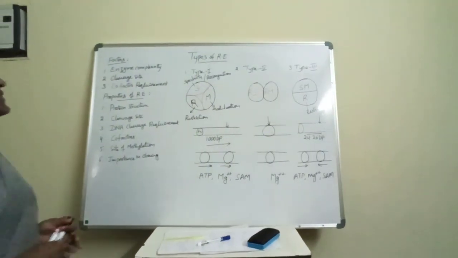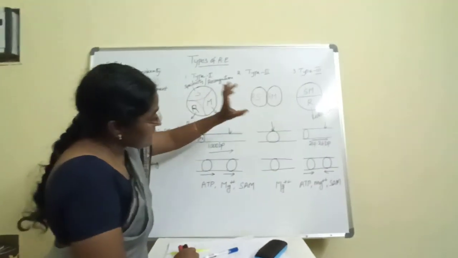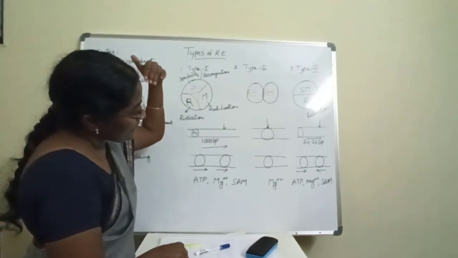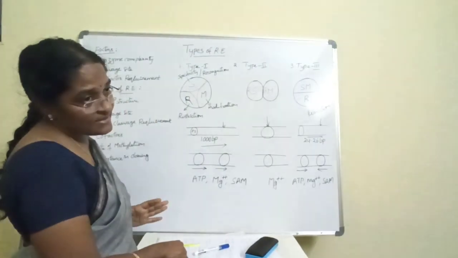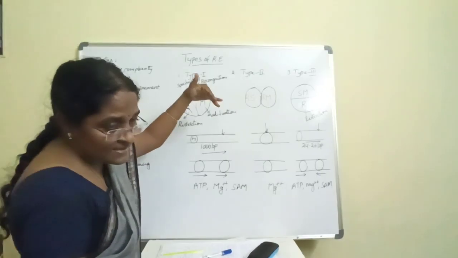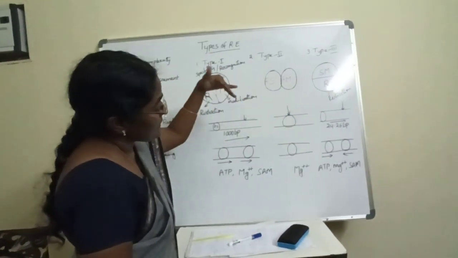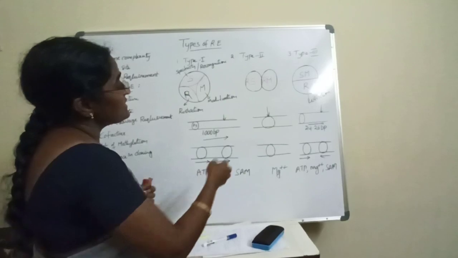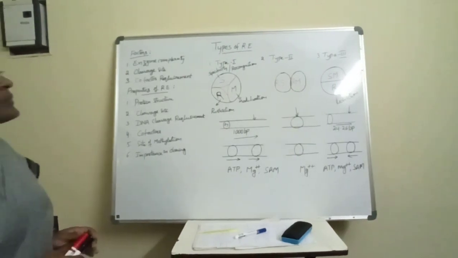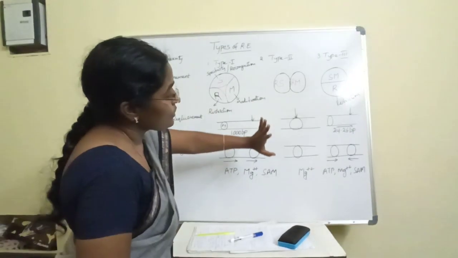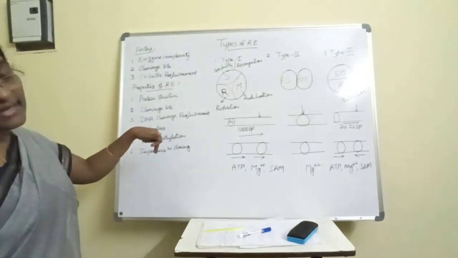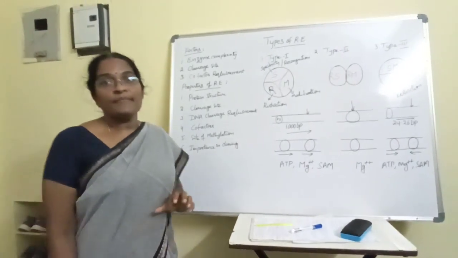And another one is that these enzymes recognize a specific sequence and cut that particular recognition sequence. So these two properties are useful for cloning. These are the types of restriction enzymes.